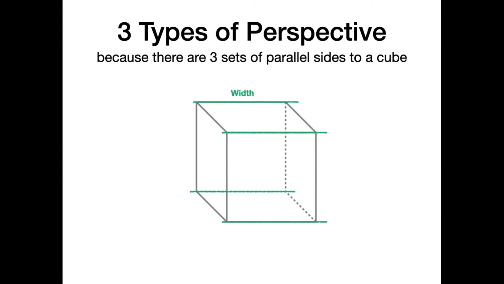I've made this cube transparent like a piece of glass so you can see all sides of it at once. All edges along the length of the cube are parallel to each other. And all edges along the height of the cube are parallel to each other. And here you can see them all together as the width, the length, and the height.